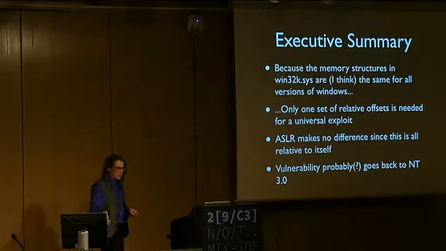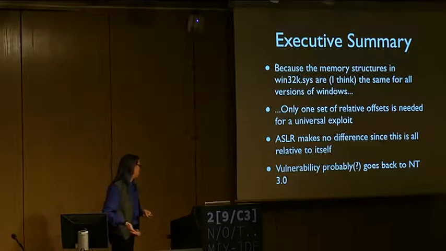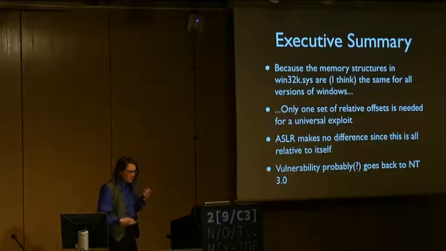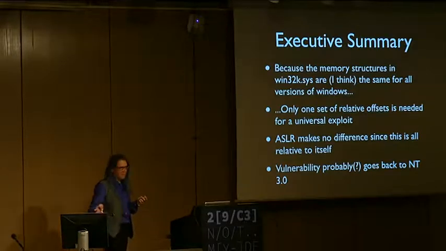I haven't actually looked at all the kernels to verify this. So you only need one offset to work on all versions of Windows, and since the kernel already knows where everything is, ASLR, address space layout randomization, doesn't make the slightest bit of difference because the exploit doesn't need to know where anything is.